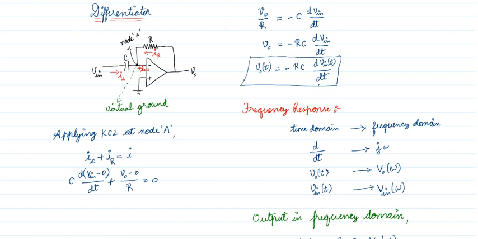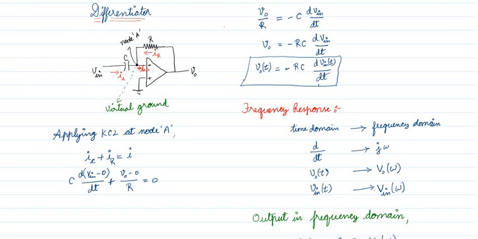On simple mathematical manipulation, we find the relation between output and input. V0 is equal to minus RC times the differentiation of Vin. That's why it is called a differentiator: the output is equal to the differentiation of the input signal. R is the resistor value and C is the capacitor value.